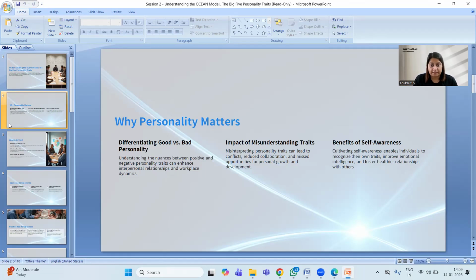Benefits of self awareness. Here, personality also helps you to stay aware of the situations. So, when you understand these concepts of personality, you would be able to understand what things you might need to cope up with or to handle in situations where you are finding an imbalance. For example, you are a very factual and rational person, however, you are dealing with a person who is very, very emotionally sensitive.